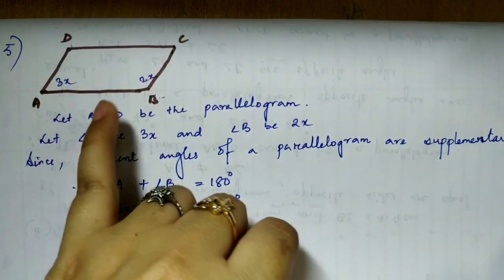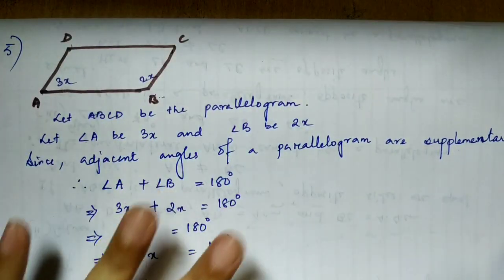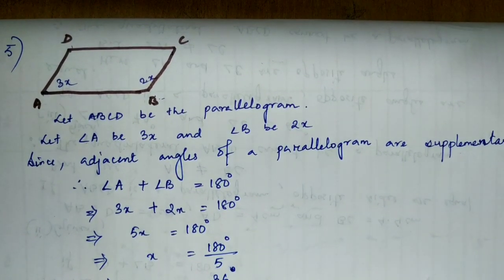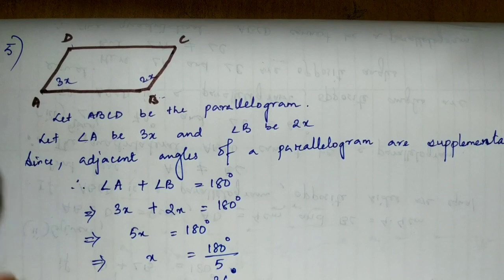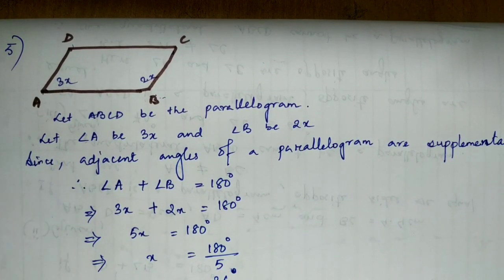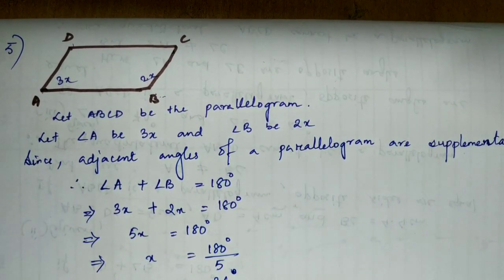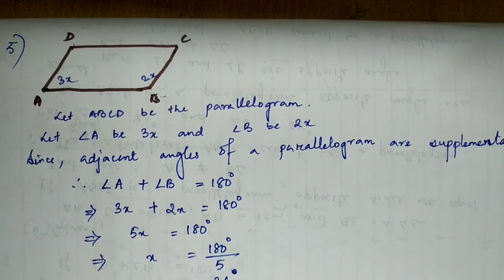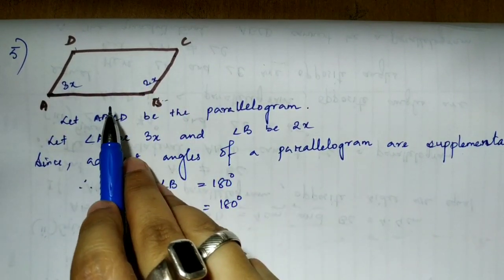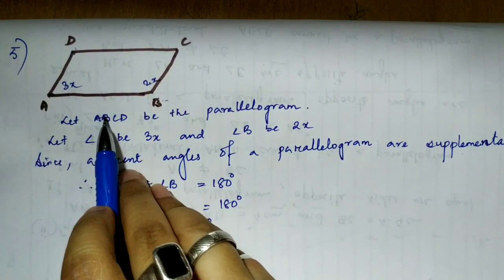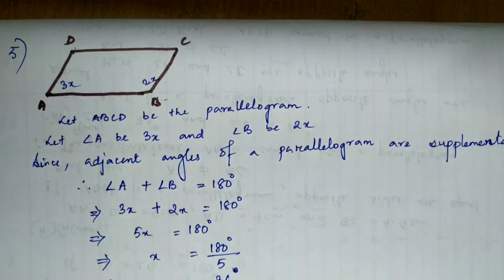But if it is not given, then you will write let PQRS or ABCD be the parallelogram, and you will start that way. Consider the angles, solve it in this way, use the properties like opposite angles are equal, opposite sides are equal, adjacent angles are supplementary and all, and then you will be able to find out. If you find these two angles, you can easily find the opposite angles. That is very easy. So please try to do question number 6.